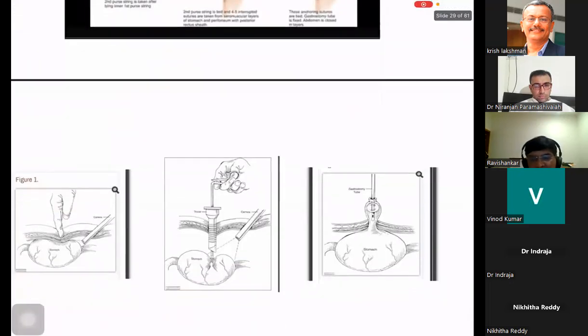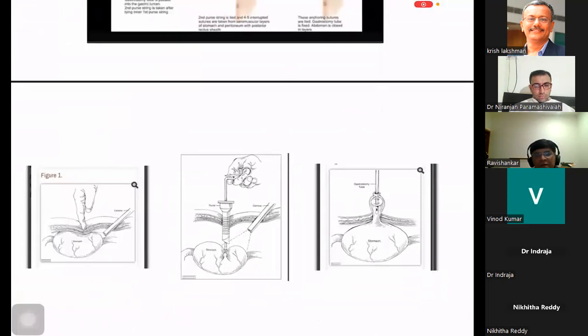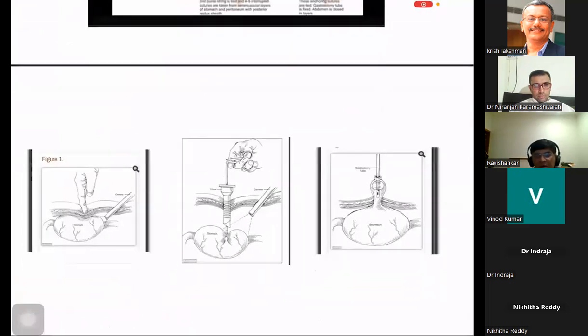Similar to the open method, in laparoscopy we enter through the umbilicus, and under observation we place another incision or trocar in the left lumbar or left hypochondriac region, through which we extract the stomach outside.